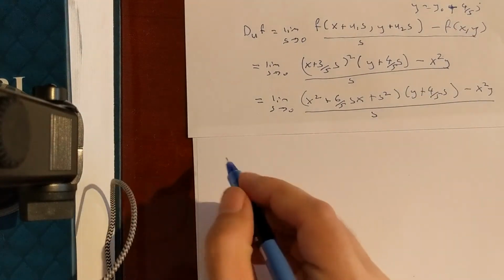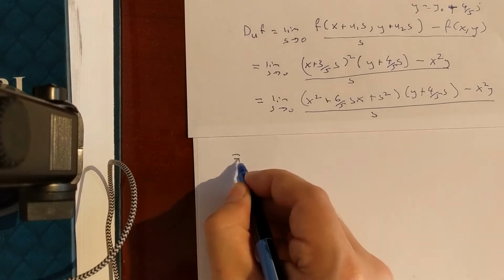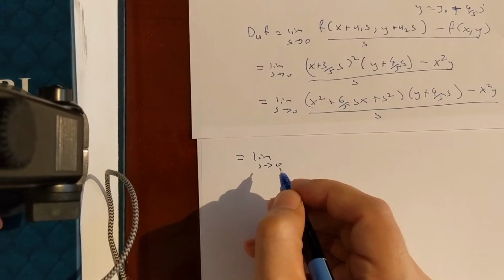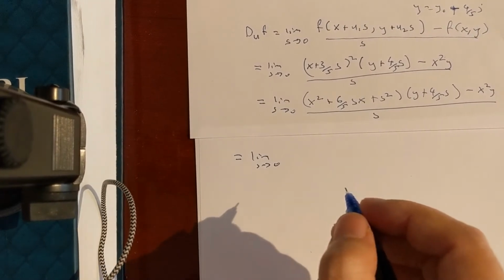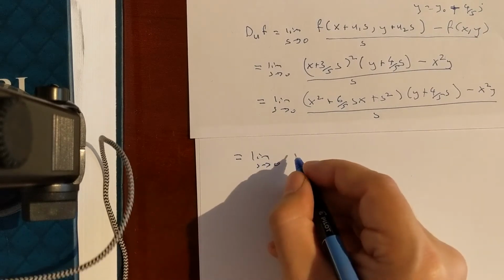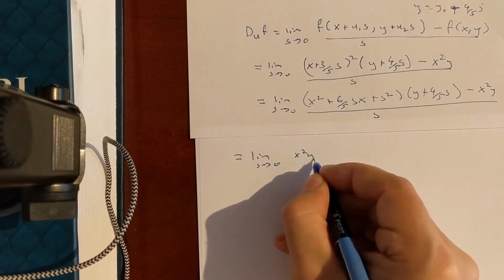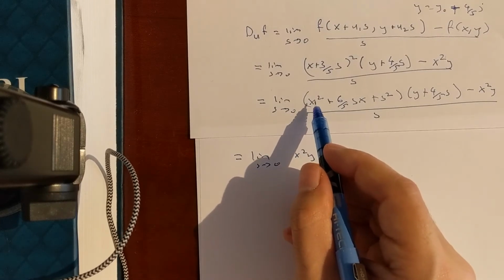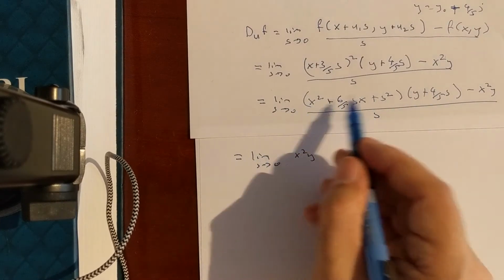Okay, so what I can do now is I'm going to start multiplying this. Well, when I multiply the x squared and y term, I'm going to have an x squared y term, right? Then how can I get an s term? Well, I can multiply this guy and this guy, right?